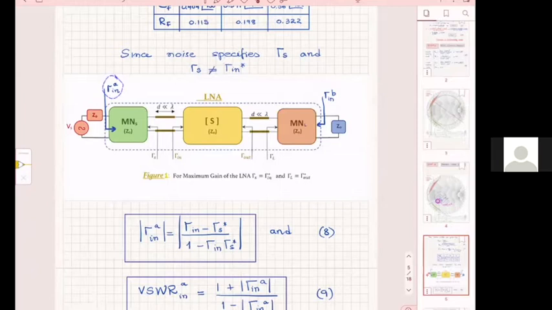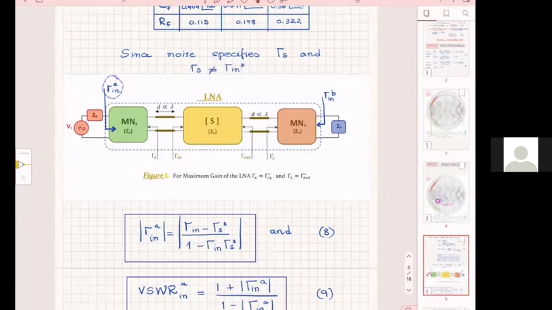Sometimes you may get confused, thinking, but we are matching this reflection coefficient at that point. Practically, ideally, we would like to match it to the complex conjugate, but no, we have not done that.